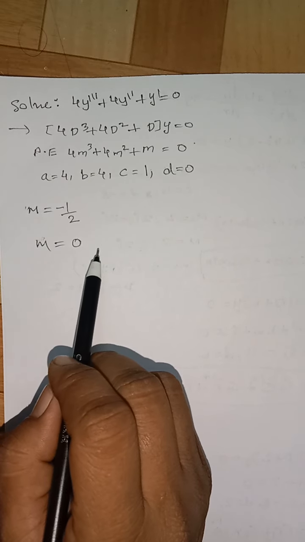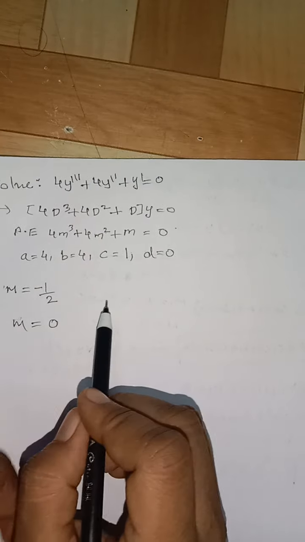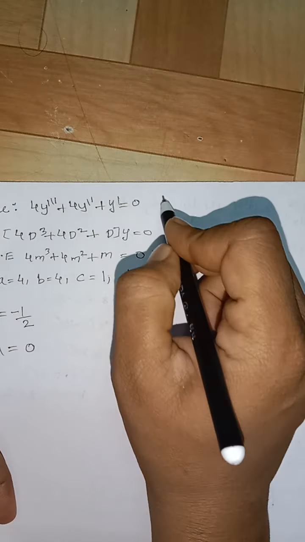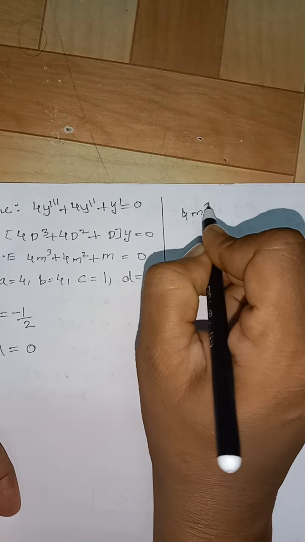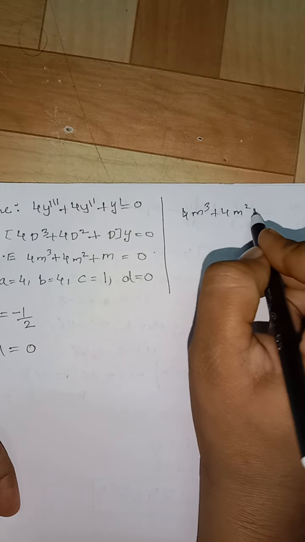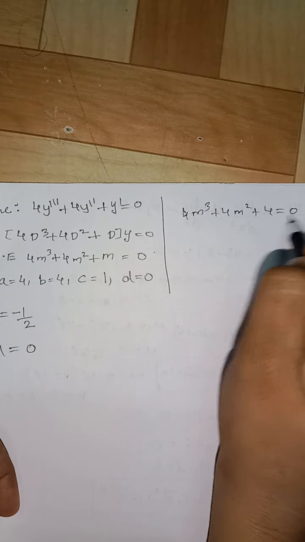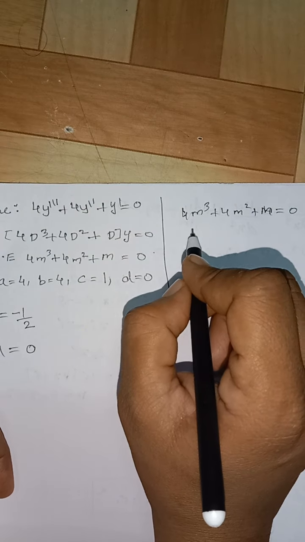In order to clear the confusion, let us simplify the given example. The auxiliary equation is 4m cube plus 4m square plus m equals to 0. What can we take common?